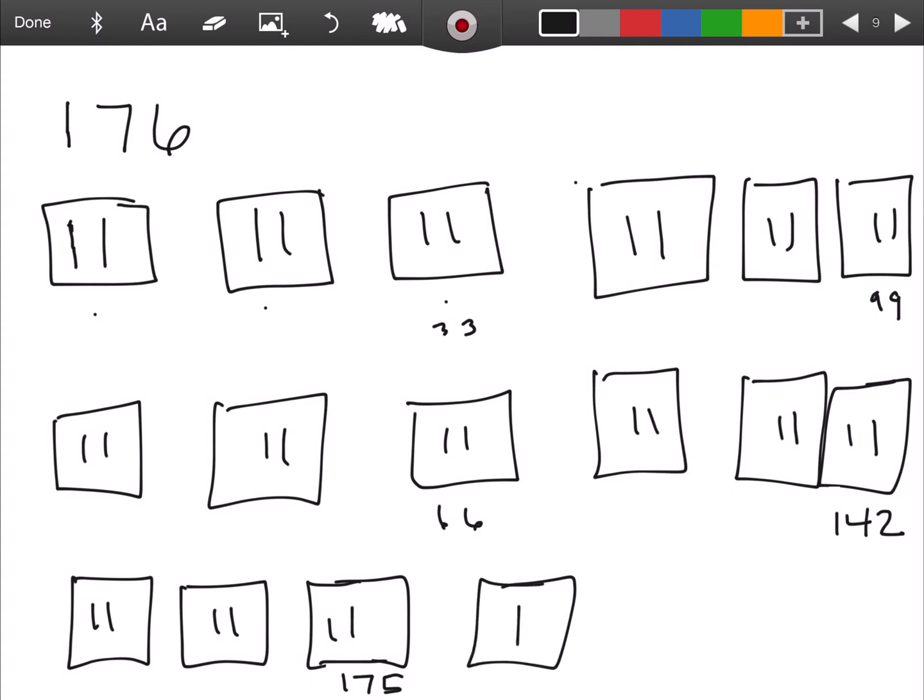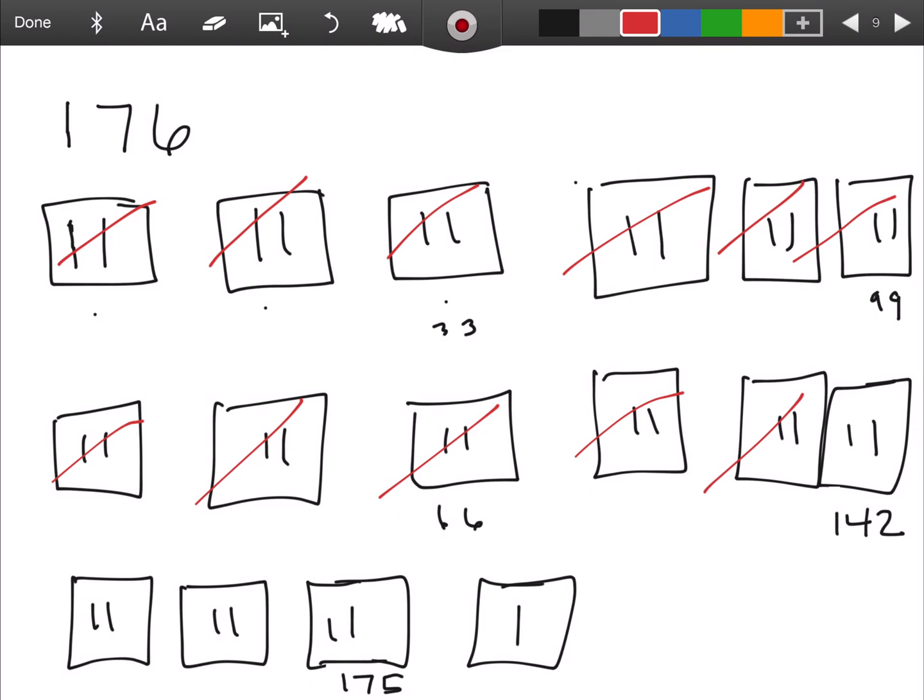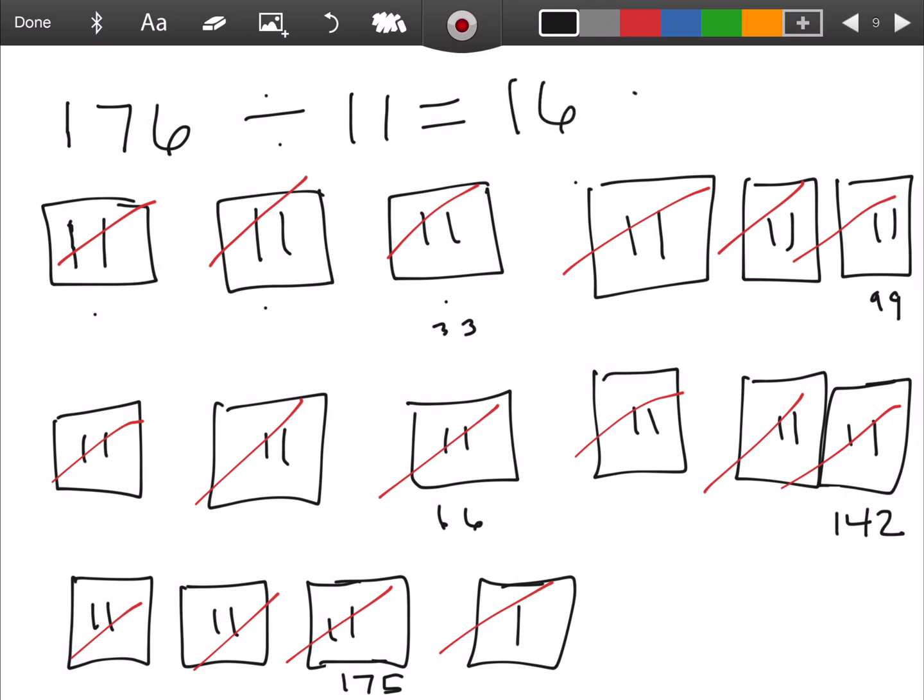So I would need 16 shelves. So I know that 175 divided by 11 would give me 16 shelves with 1 book left.